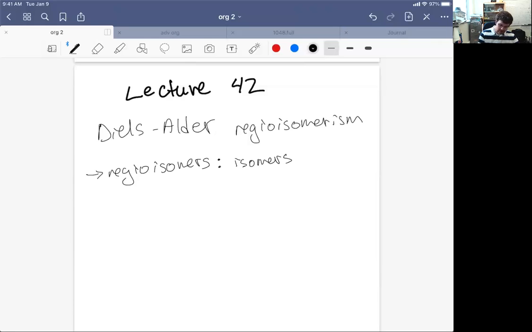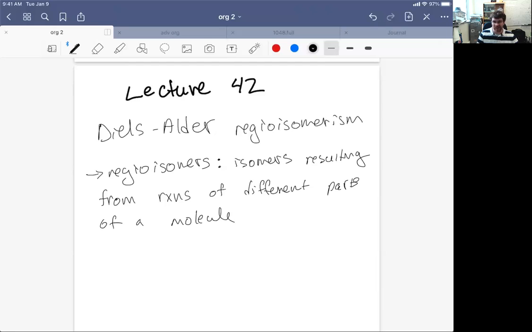But here, these are isomers resulting from reactions of different parts of a molecule. It's kind of a hard definition because there's also like site isomers, but this will work for now. Hopefully this will make sense in just a second.